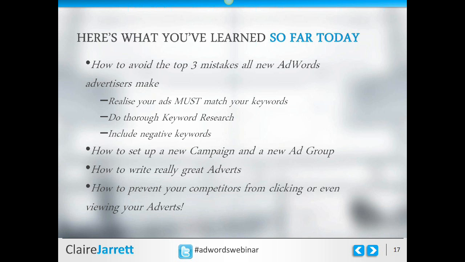And then I showed you how to write really great adverts. If you follow the tips I showed you today, you should be getting click-throughs of, I would say, probably somewhere between 3 and 5%, I would hope. So do pop along to Facebook and Twitter and let me know if you do get those click-through rates. I'd be really interested to hear. And then I've also shown you how to stop your competitors from clicking or even from viewing your adverts. They'll think you stopped advertising.